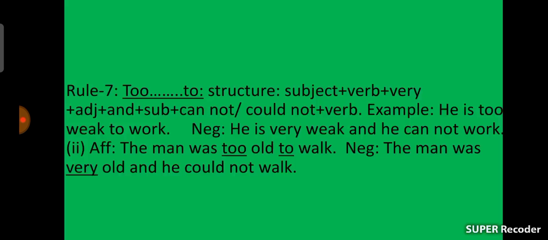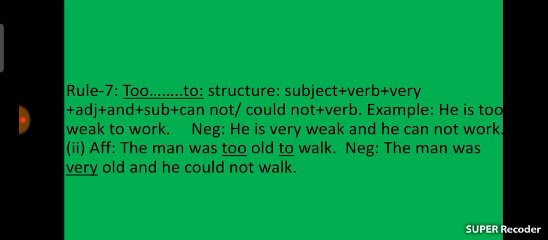Let's see the second example. Affirmative: the man was too old to work. Here we can see two underlined words, too and to, and instead of the first too we should use very, and instead of the second to we should use and. The man was too old to work. Negative would be: the man was very old and he could not work.